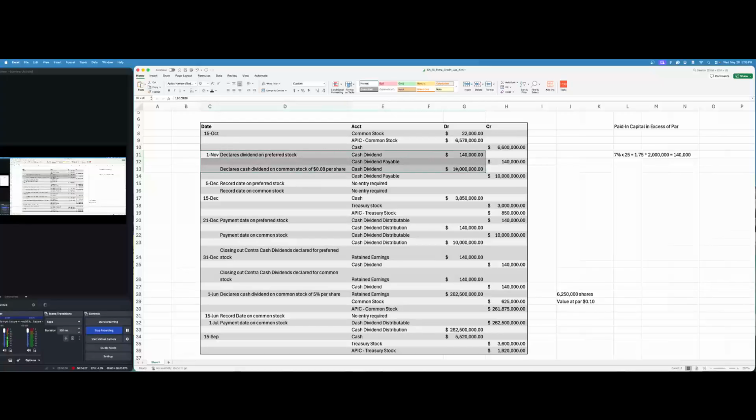What happened next is that on November 1st, if you read this journal entry, they declared a dividend on preferred stock. They declared this cash dividend, which is a contra account.